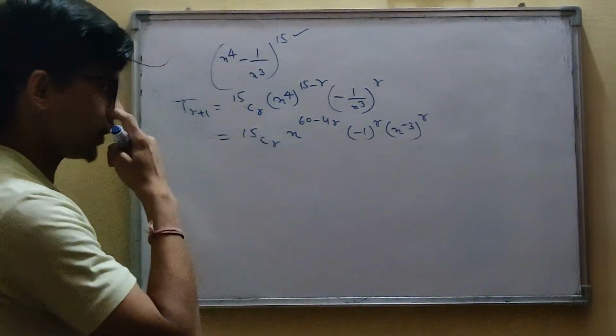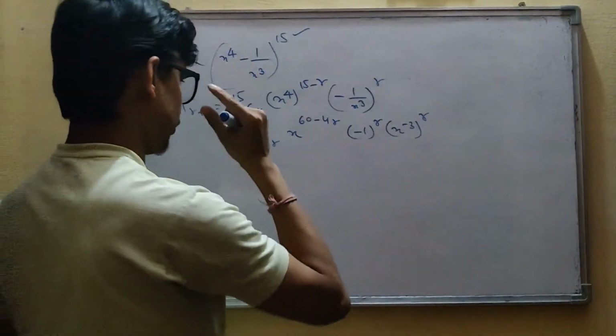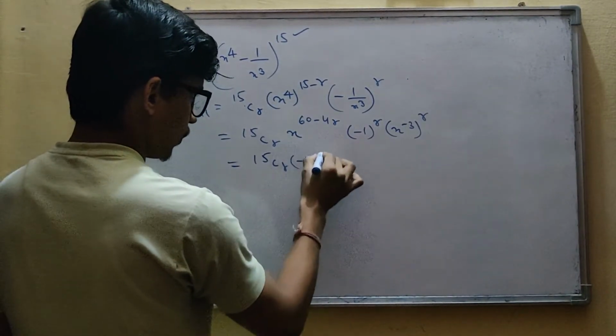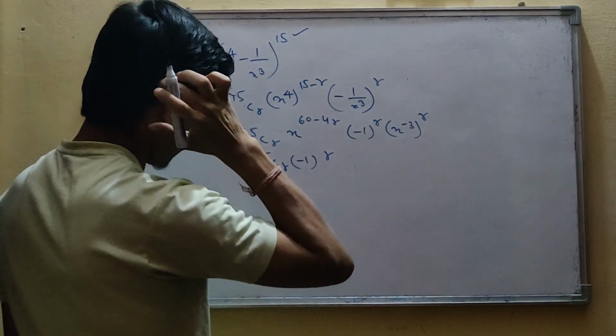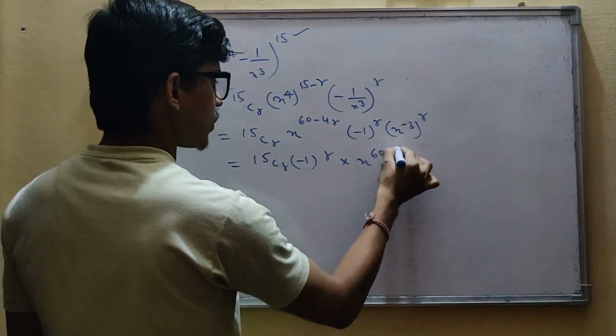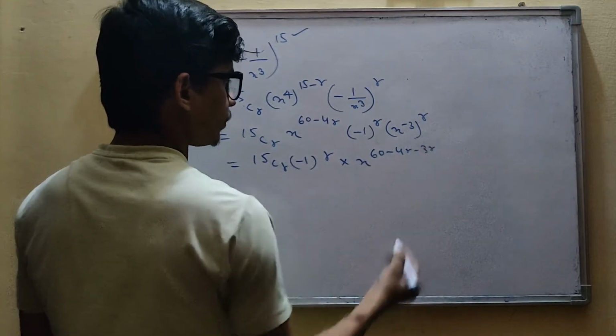Okay, so this is how you can write it, minus 1 into this, and the power will be distributed. So 15Cr minus 1 to the power r, and this can be written as x to the power 60 minus 4r minus 3r, right?